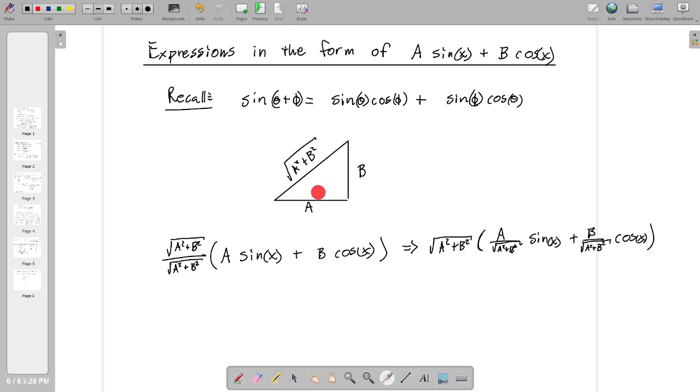And looking at this triangle, whatever this angle is, we know that the cosine would be a divided by the hypotenuse. So let's call this angle phi.